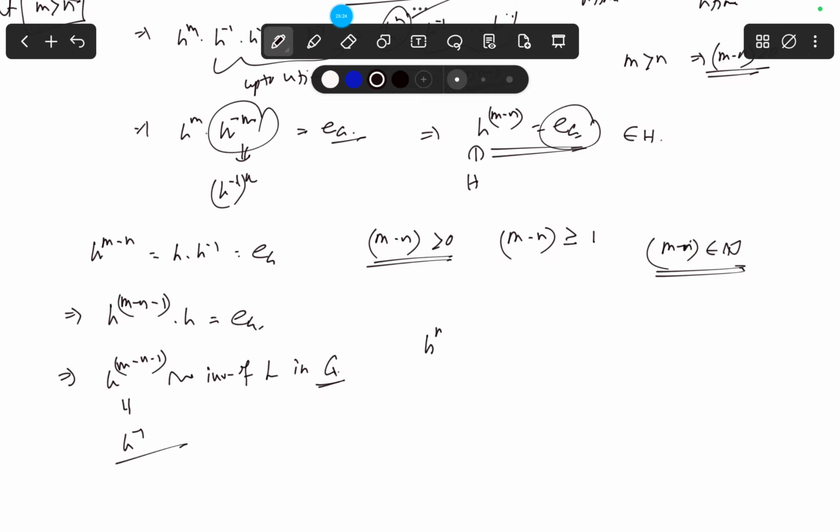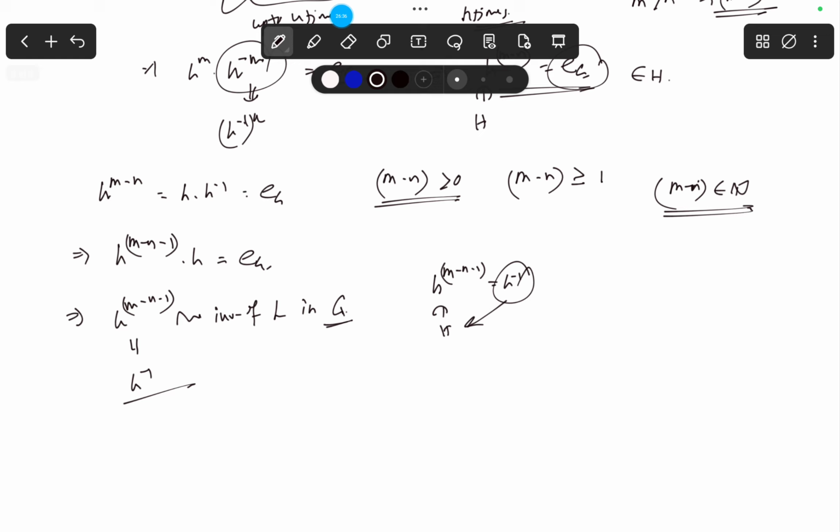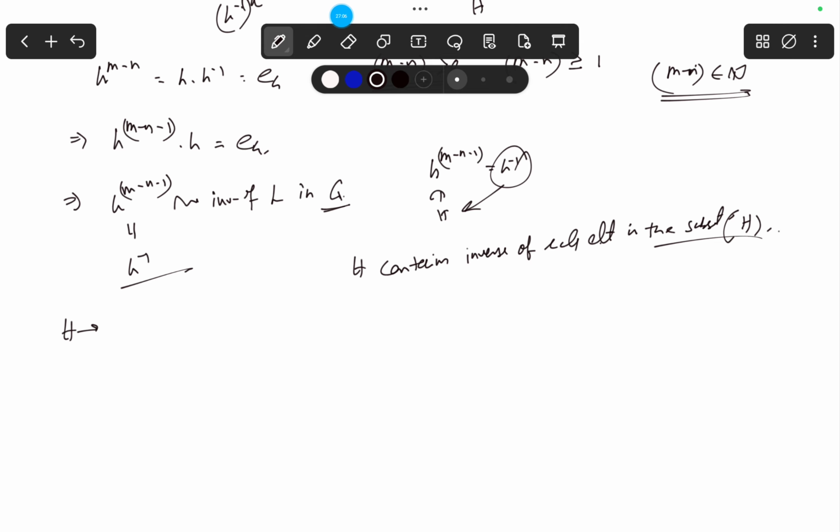So H power m minus n minus 1 is H inverse, and since H power m minus n minus 1 is in capital H, we must have H inverse in capital H. Alright, so then H contains the inverse of each element in the subset, which is basically nothing but H itself.